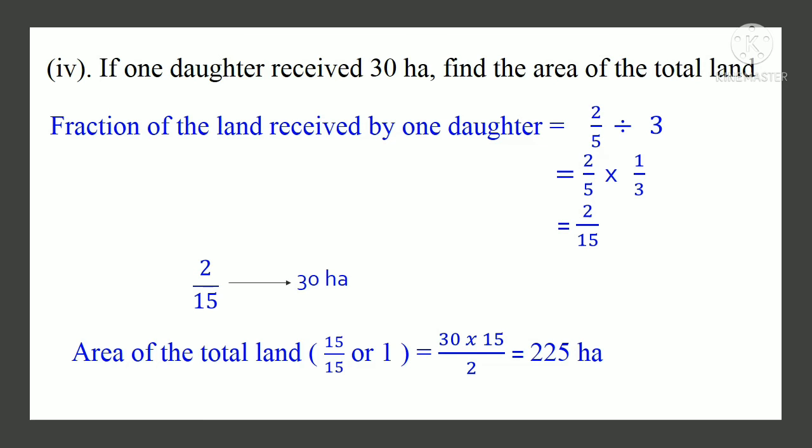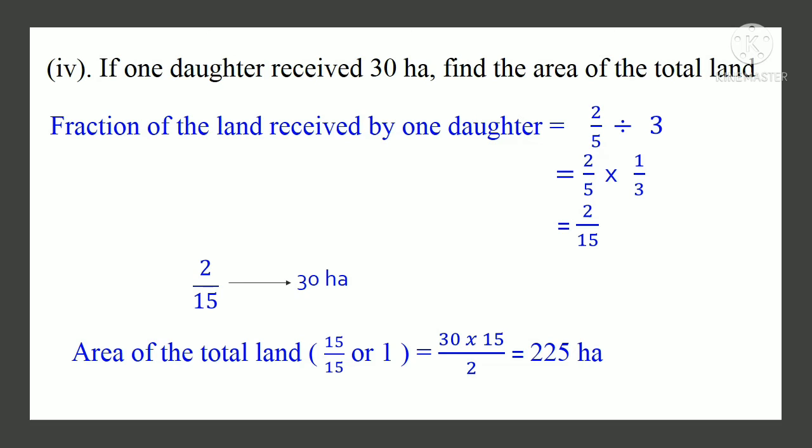2 upon 5. For division, you know, division becomes multiplication. And at the same time, you have to get the reciprocal of the second number, that means the number after the division mark. Right? You have to get the reciprocal of that one. 2 upon 5 multiplied by 1 upon 3.